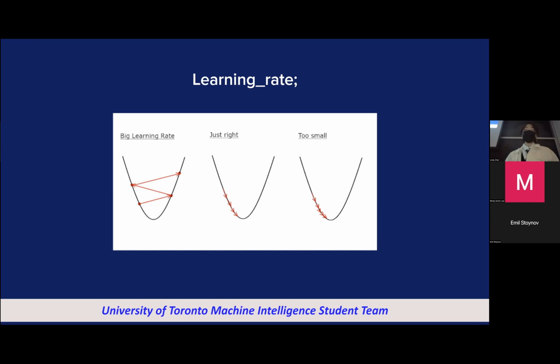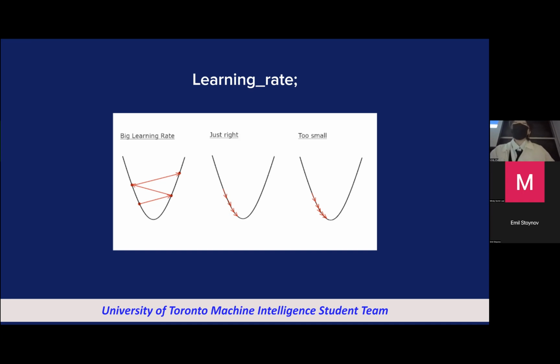And that's exactly what's happening at this stage with the big learning rate, because it's taking big jumps, and it's not really looking at the overall trend. So we need to tune our learning rates according to our needs. And on the right side, just right, that's what we want: taking steady steps and going to the global minimum.